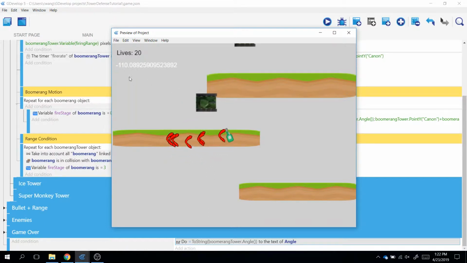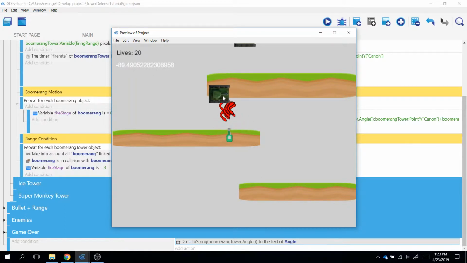But it doesn't really say angle. But we know that this is the angle, okay? And you can see the angle. So right here is 0. And then we go to negative 90, which should be about vertical.